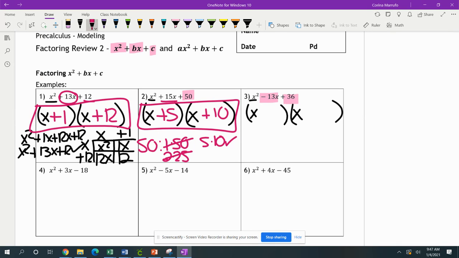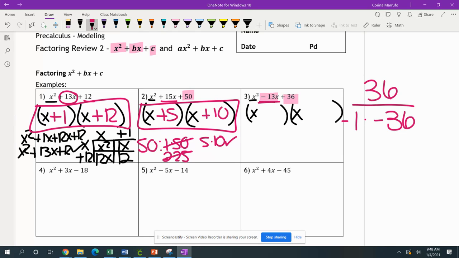Okay, so 36, if we look at the factors, we have 1 times 36. Now, because it is a positive 36, that means they both have to be negative because 2 negatives multiply and give us a positive 36. And then if we were to add negative 1 plus negative 36, it'll give us negative 37, okay, when we add them together.